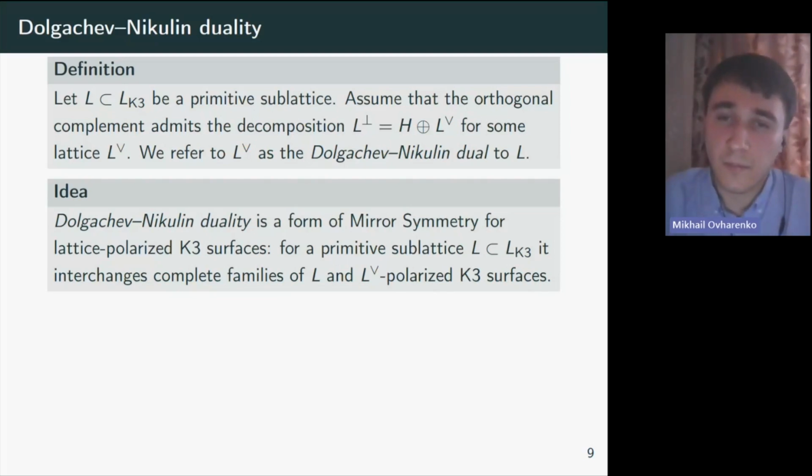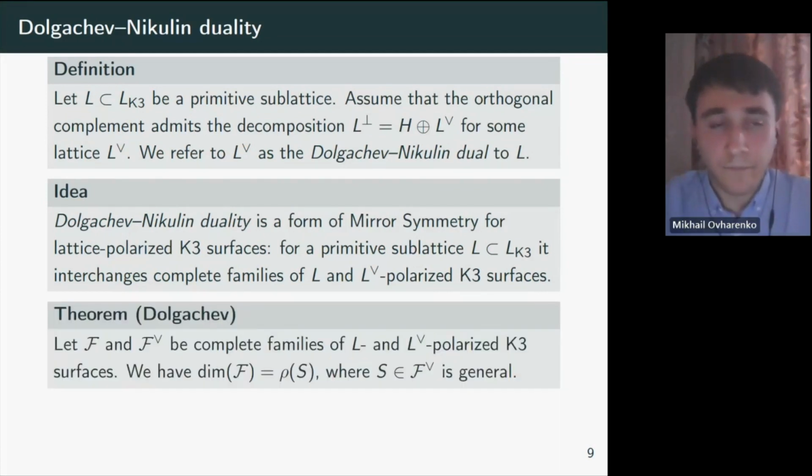For a primitive sublattice, it should interchange complete families of L and L check polarized K3 surfaces. Complete here means that the corresponding period map is dominant. And informally speaking, Dolgachev-Nikulin duality interchanges algebraic and transcendental cycles on the K3 surfaces.